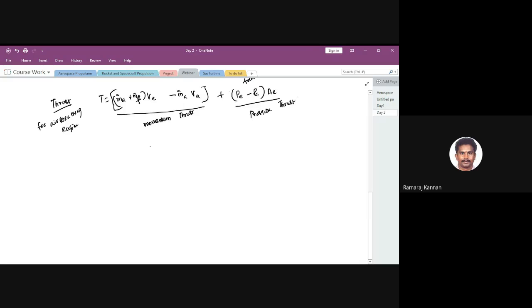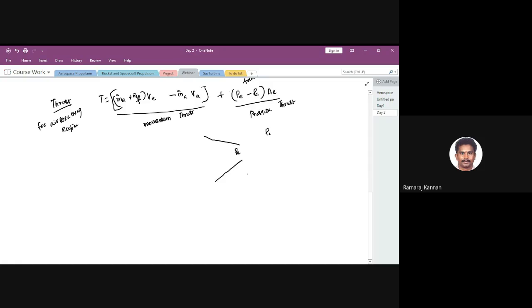So what will happen here? Based on the pressure thrust, whether the pressure thrust is going to be there or not. For example, if you look at a convergent nozzle, normally we will be using a convergent nozzle in the case of gas turbine propulsion. Here, the exit pressure is Pe and the ambient is Pa.